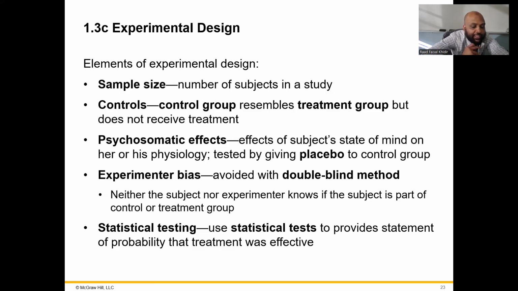There is statistical testing. Statistical testing is very important. So you must remember that. How do we repair experimental bias? How do we ensure that the experiment that we did does not have bias? How do we avoid that?